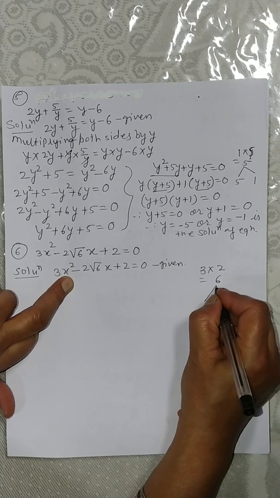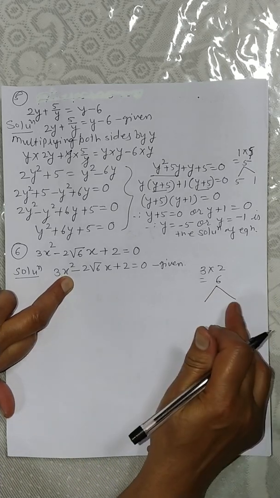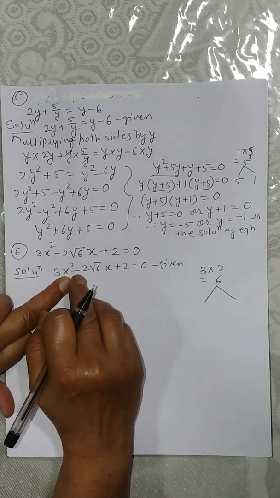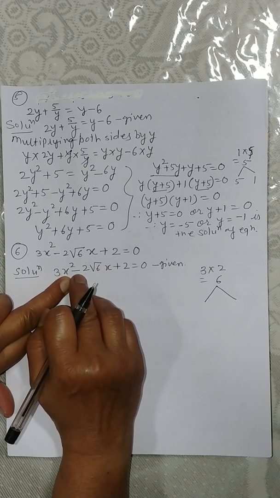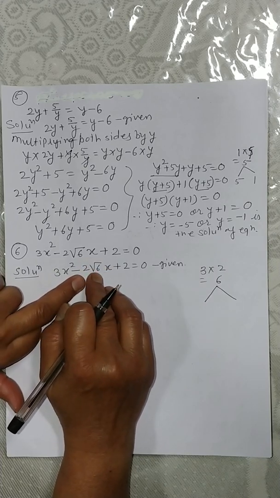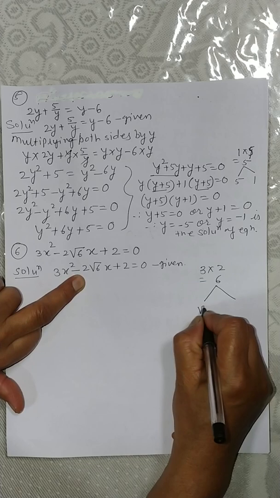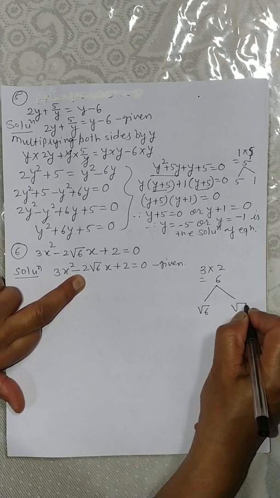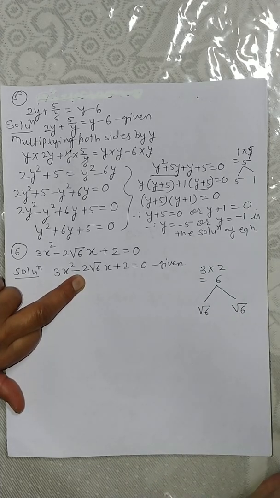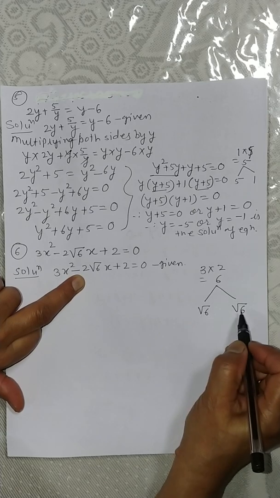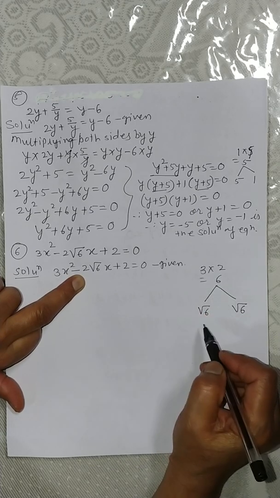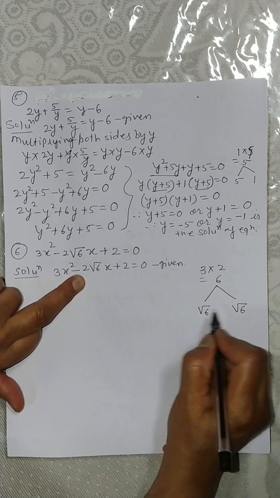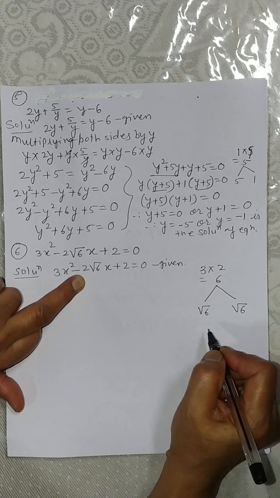Now here the coefficient of the middle term is minus 2 root 6. So if we write here root 6 into root 6, these are the factors. So root 6 into root 6 is 6, and root 6 plus root 6 is 2 root 6.